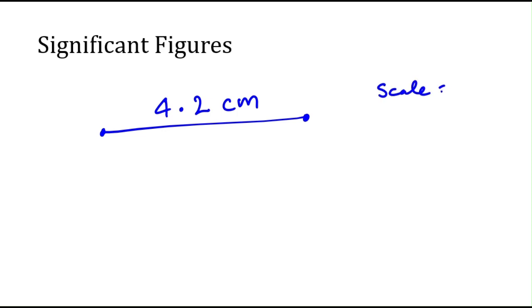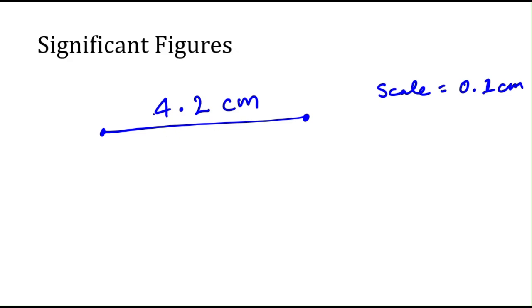For example, I am taking an example here, then it will be more obvious to you. Let's say you are reporting the length of a line segment. Let's say you are saying it is 4.2 centimeters, and you are using a scale of 0.1 centimeter.